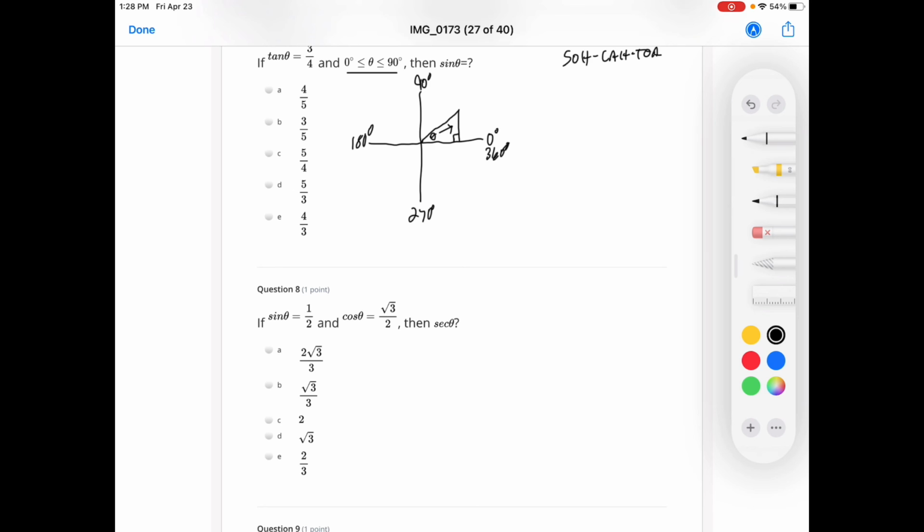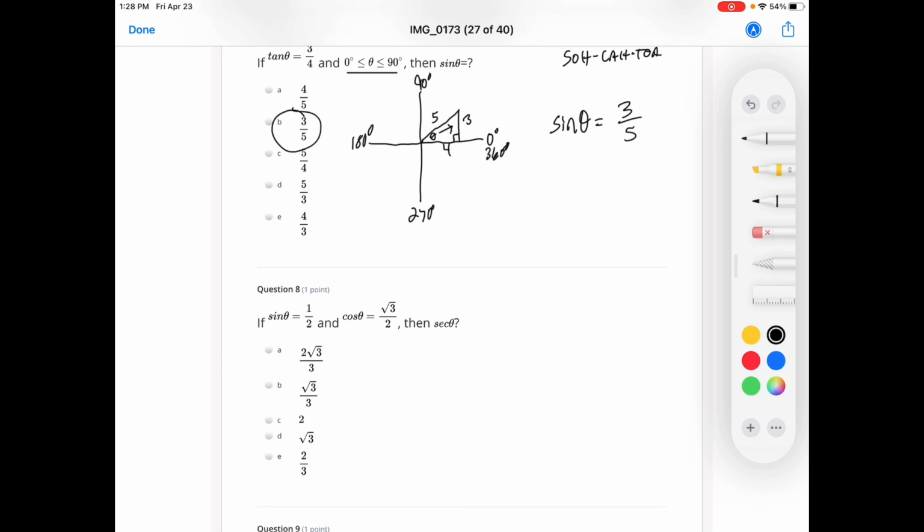So if it says tangent is 3/4, your opposite is 3, your adjacent is 4. Okay, this is a triple, a 3, 4, 5. So now we can find sine theta. Sine theta is opposite over hypotenuse. Opposite's 3, hypotenuse is 5.